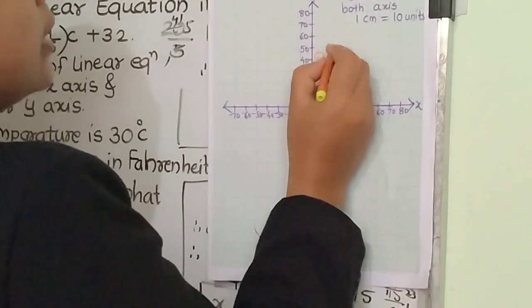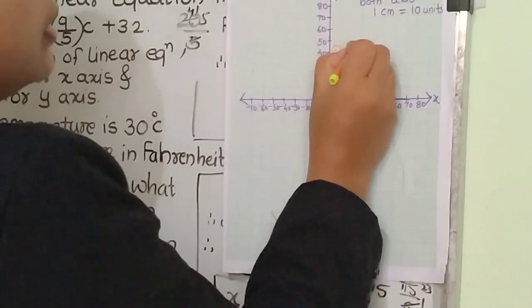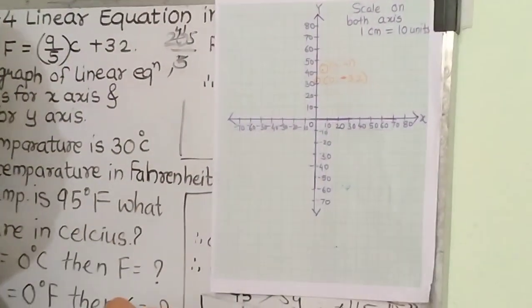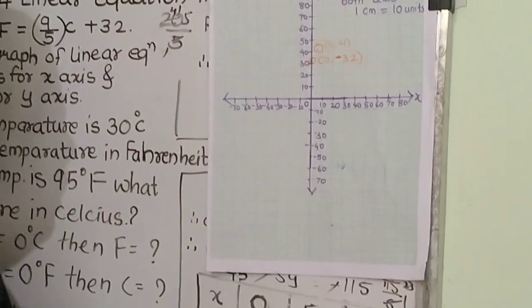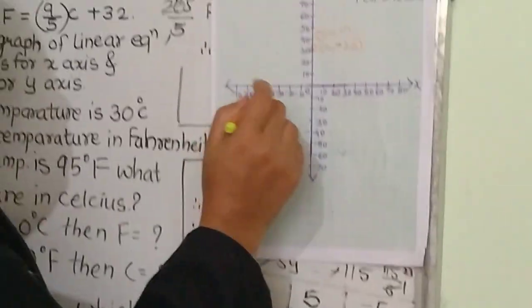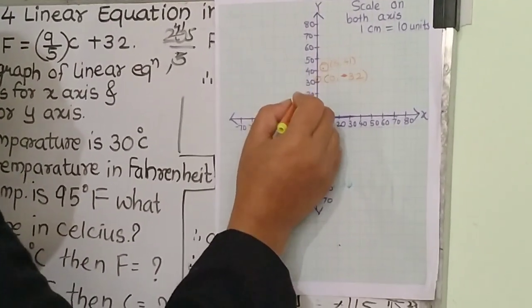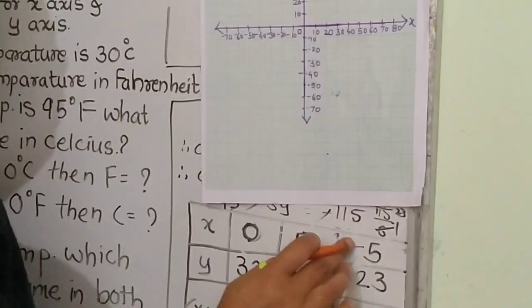So here our second coordinate will come, that is 5 comma 41, and the third coordinate, that is minus 5 comma 23. So 23 means 20 after 3 lines, and minus 5.